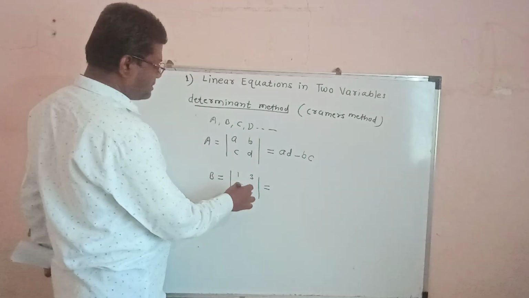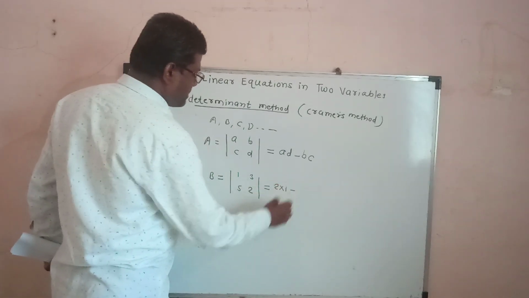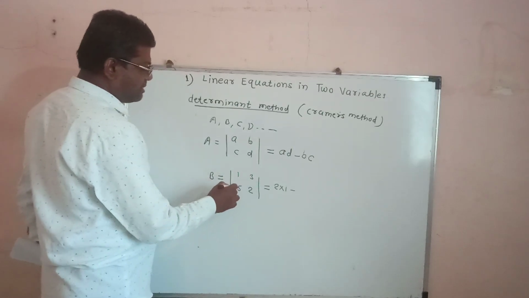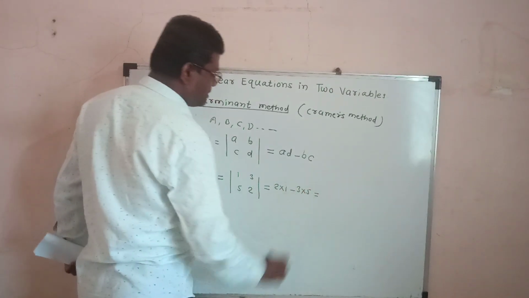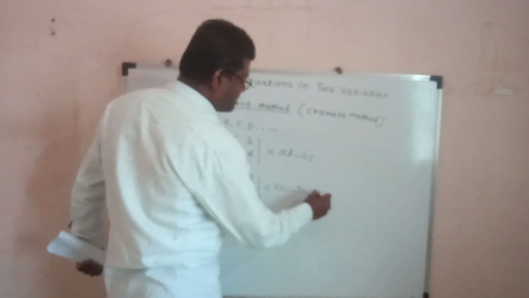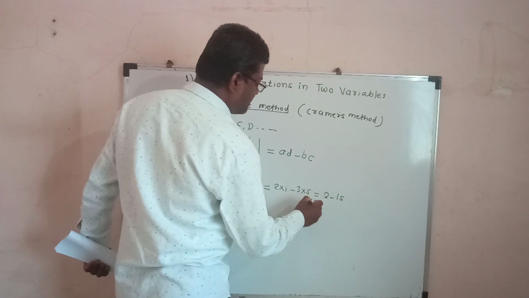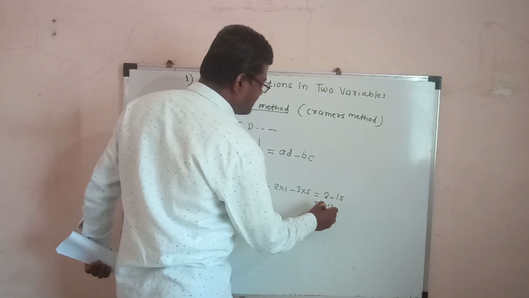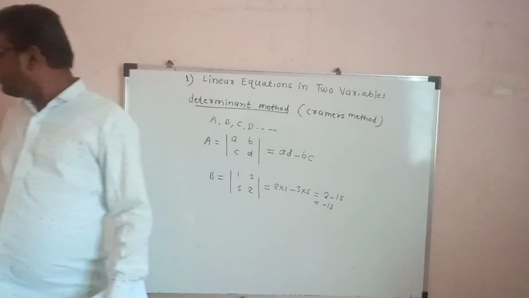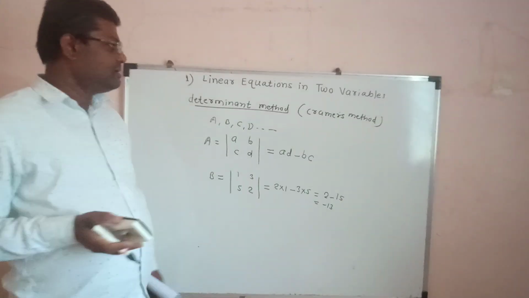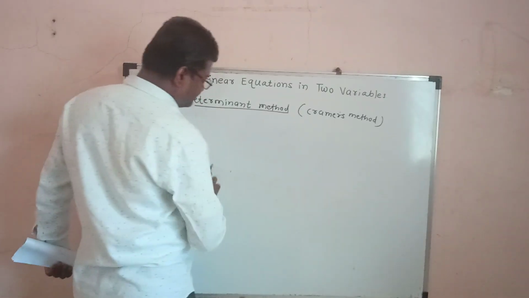Take the cross product 2 into 1 minus 3 into 5. 2 into 1 is 2 and 5 into 3 is 15. 2 minus 15, the answer will be minus 13. In this way, we can find the value of any determinant.